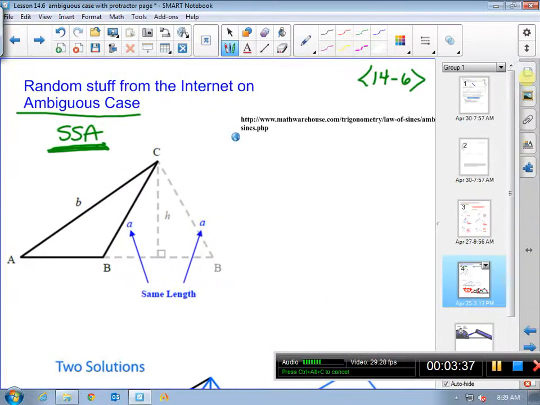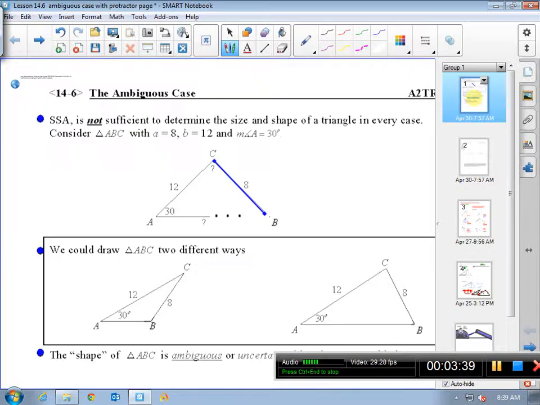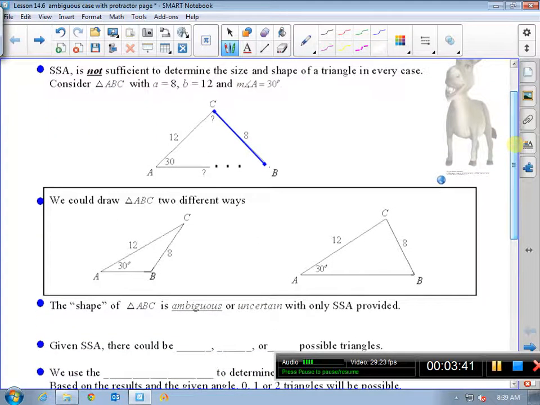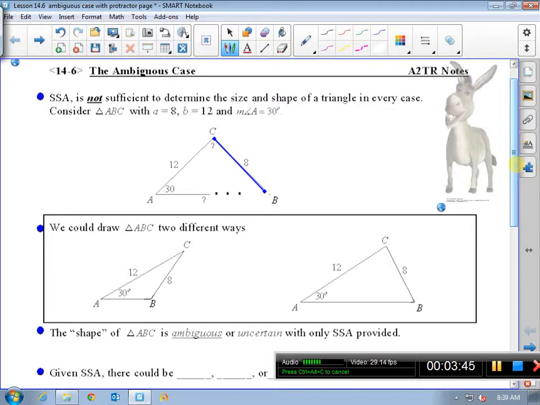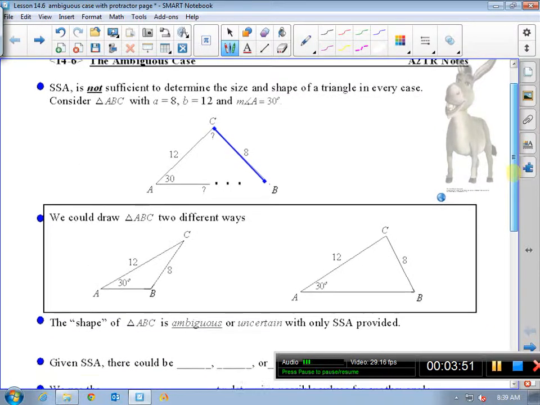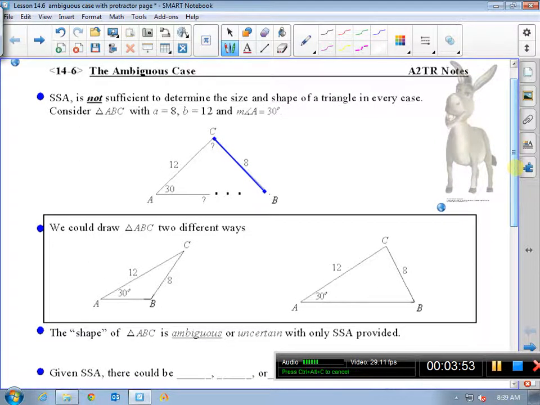So in our notes, we're going to use the law of sines to investigate whether we can have one triangle, two triangles, or possibly no triangles. It says here, SSA is not sufficient to determine the size and the shape of a triangle in every case. Here's another example.